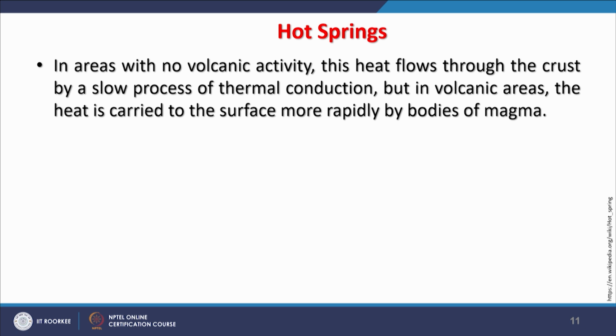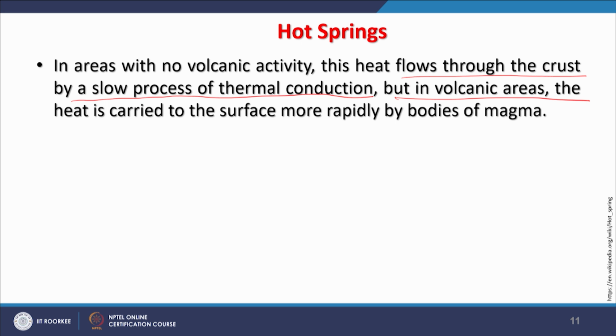Now, we have discussed one where volcanic activities are occurring and where no volcanic activity is there. Heat flows through the crust by a slow process of thermal conduction, but in volcanic areas the heat is carried to the surface more rapidly by bodies of magma.